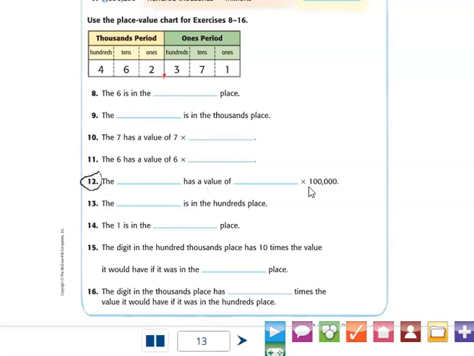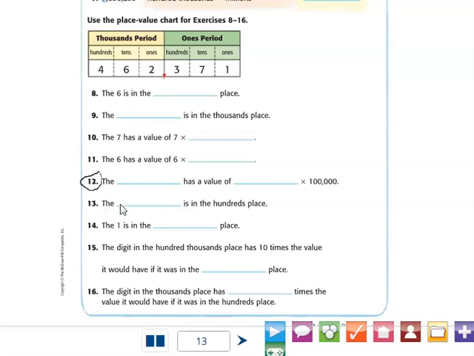This one is starting to get a little bit more tricky because they've given you 2 blanks. But you can figure it out. The blank has a value of what times 100,000. So this here tells me where I'm looking in my place value chart. I'm looking in the 100,000 place, which is 100,000 all the way up here.